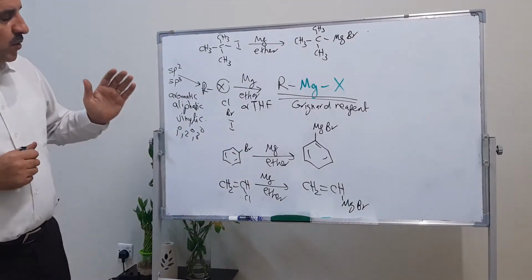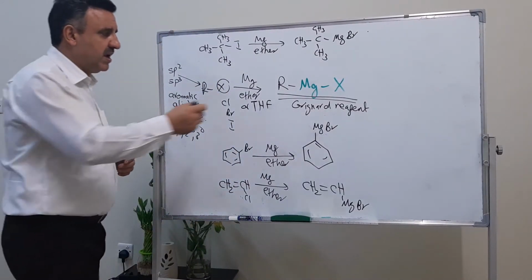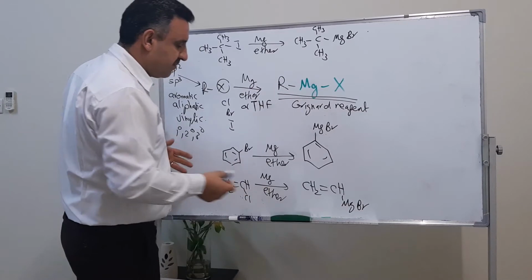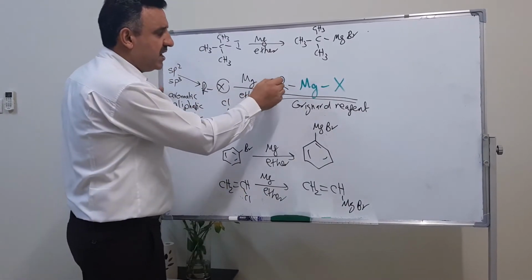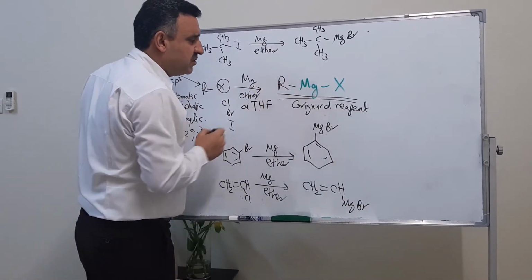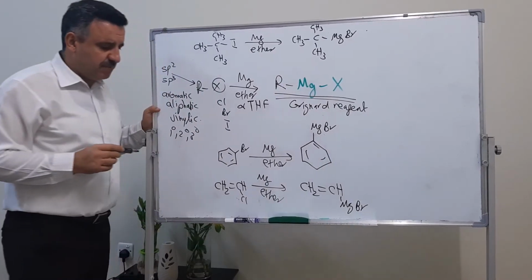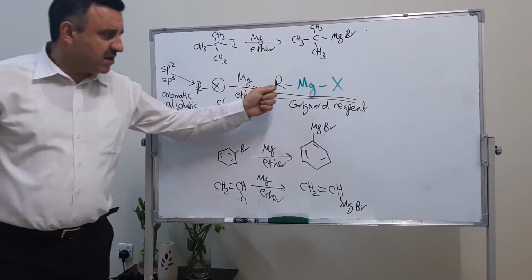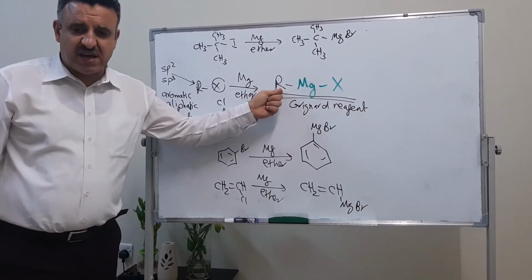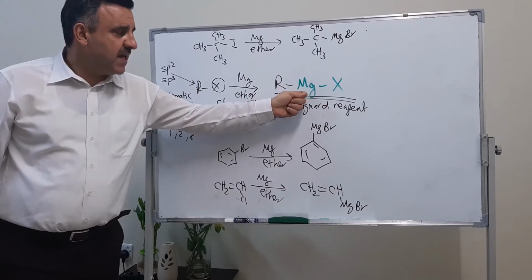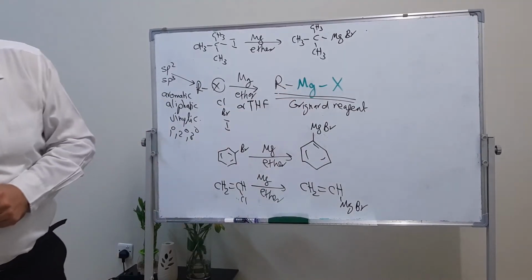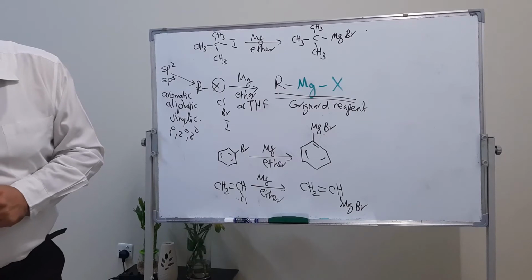But when the carbon, wherever it is, is attached to magnesium, what would be the polarity? What would be the partial charge on the carbon if it is attached to a metal like magnesium? What do you think? What should it be?